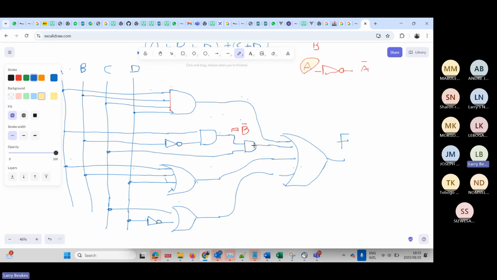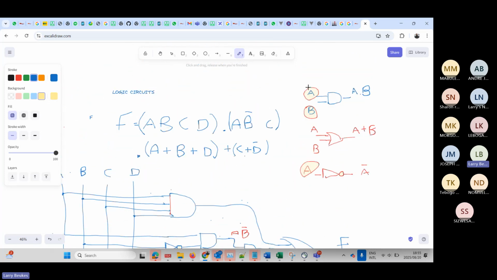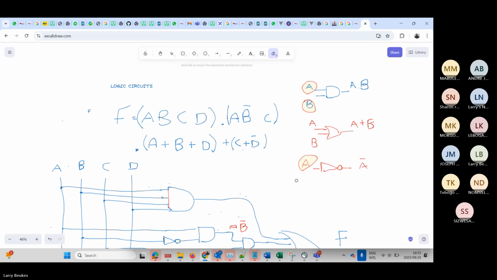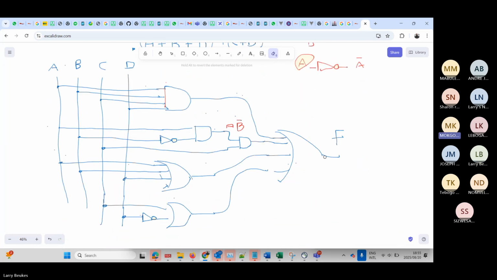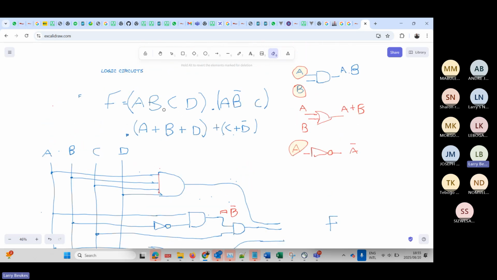So here is where our changes start, right? Here you're going to use 2 gates.